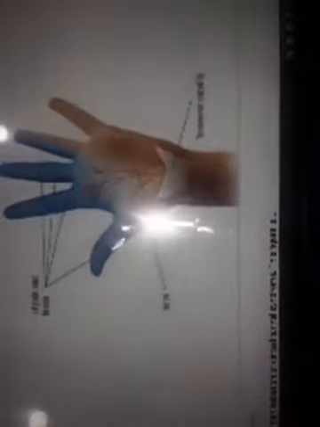So back to continue our discussion. We are talking about the condition carpal tunnel syndrome. So we've been talking about the anatomy of the wrist, that is inferring the condition carpal tunnel syndrome.